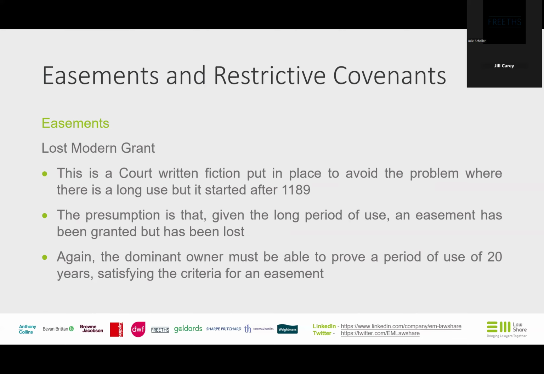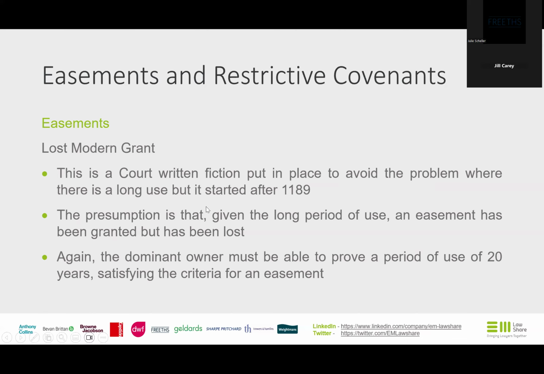And so the court makes this assumption that there must have been an easement at some point, but everybody's lost the deeds. It does sound a little bit farcical when you spell it out that way, but that is effectively the view that the court will take: that at some point you would have granted them that right, but now nobody can find it.